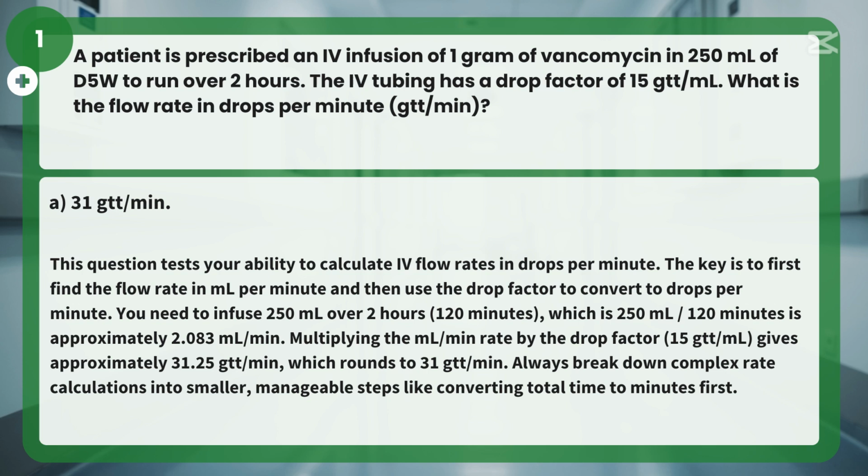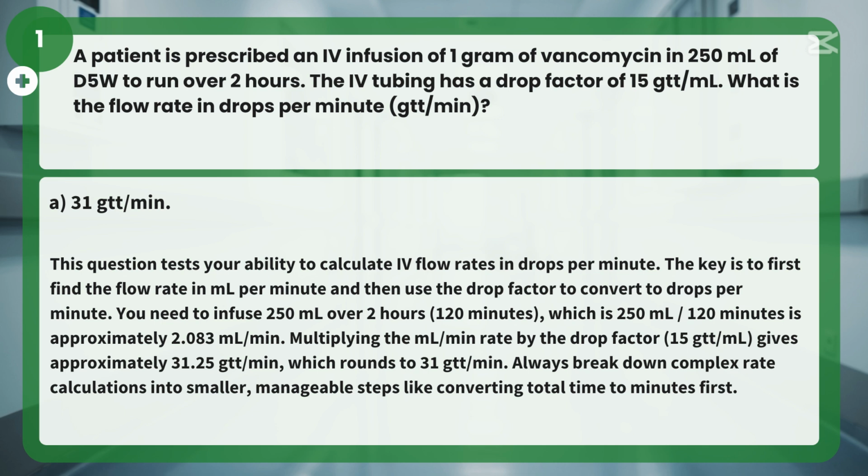Answer: A. 31 gtt/min. This question tests your ability to calculate IV flow rates in drops per minute. The key is to first find the flow rate in ml per minute and then use the drop factor to convert to drops per minute. You need to infuse 250 milliliters over 2 hours, 120 minutes, which is 250 milliliters/120 minutes, approximately 2.083 milliliters per minute.